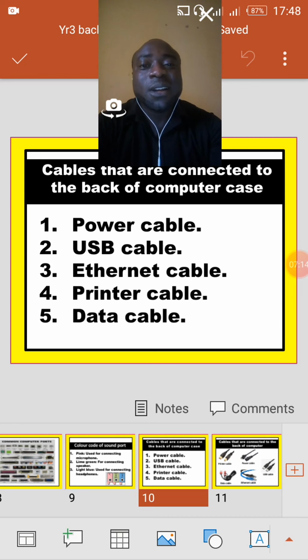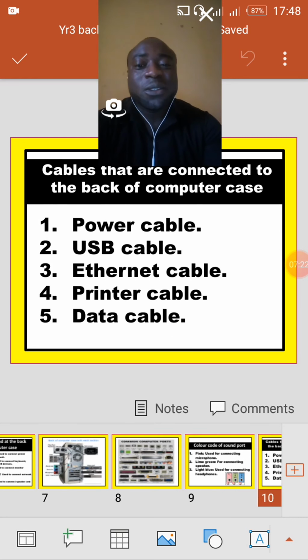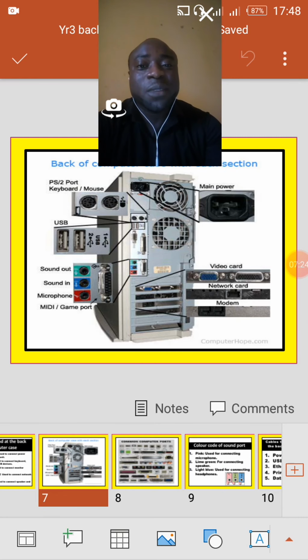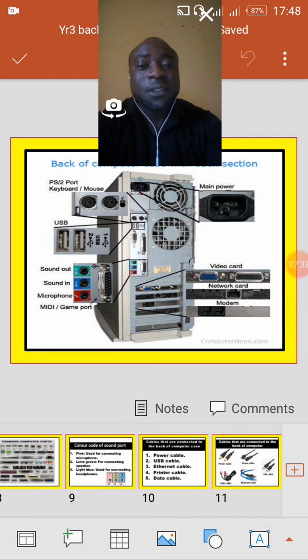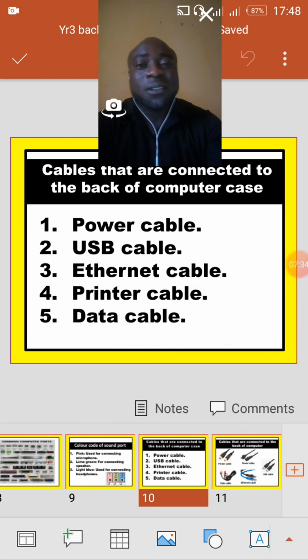Now let's look at the cables that are connected to the back of computer case. This picture is showing the back of computer case. So what about the cables that we can connect to the ports that we mentioned here? We have 5 here: the power cable, the USB cable, the Ethernet cable, the printer cable, and the data cable.